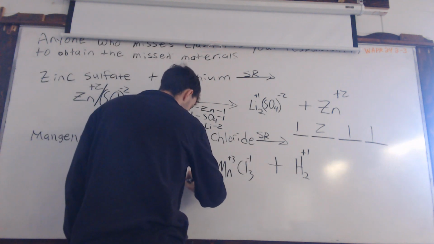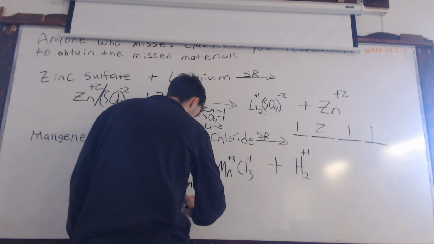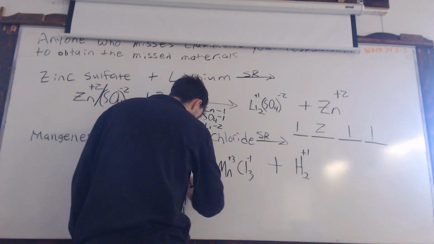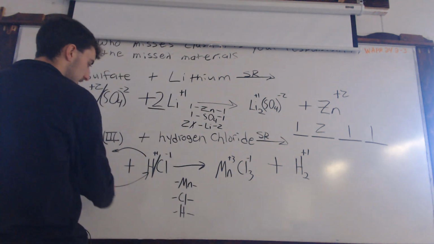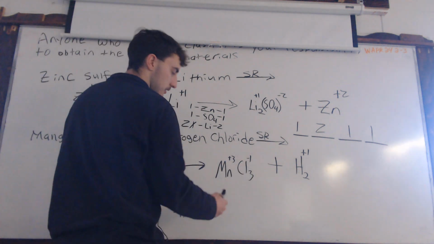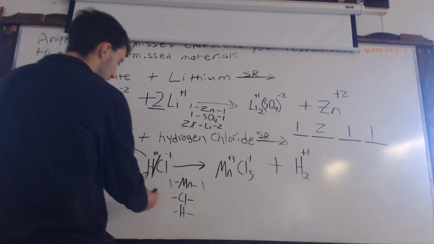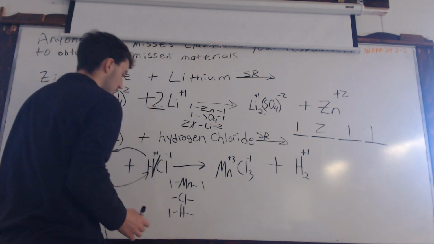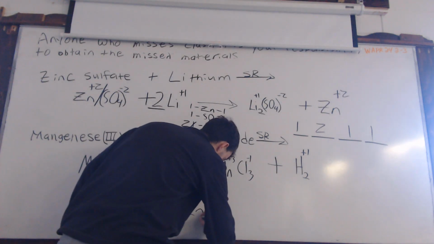Now let's balance it. Mn, Cl, and H. So we have 1 manganese on this side, 1 manganese on the other. On the reactant side, we have 1 hydrogen. On the product side, we have 2 hydrogen.